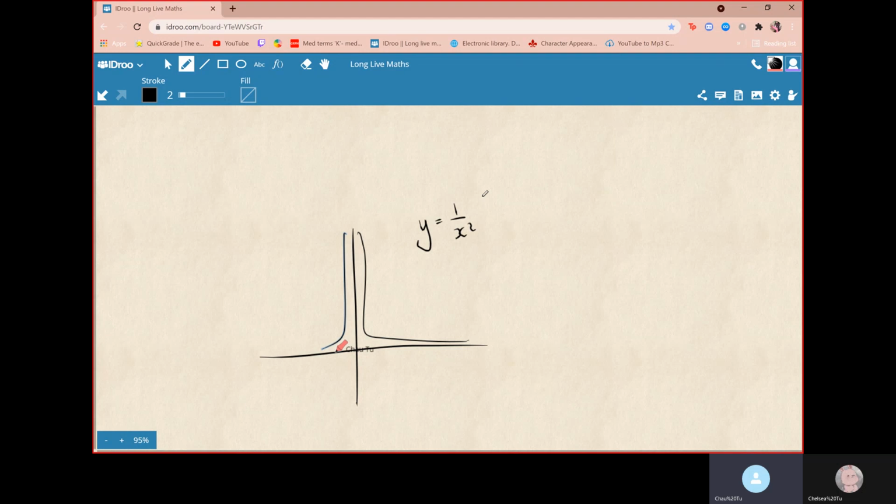I'm going to draw it. Okay, so now Chelsea, work this out from 1 to, let's say, 10. What's this area here?